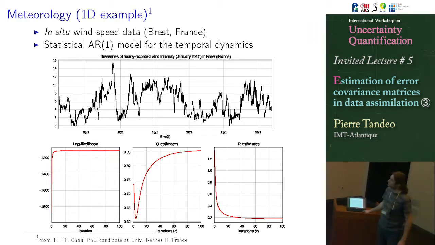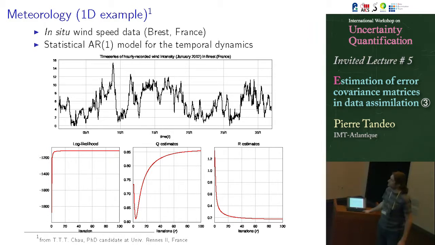Okay, so now it's finished with the equations. I would like to show you different example applications in simple cases. The applications I will show you are based on these techniques, using the EM algorithm to find Q and R. This is a first example, in a very simple univariate problem.